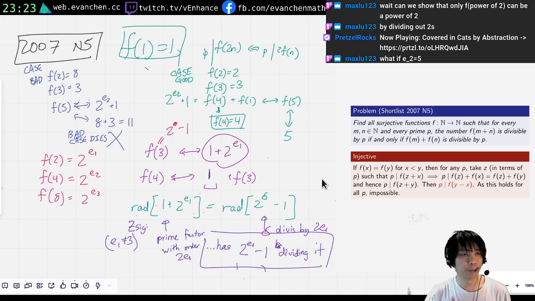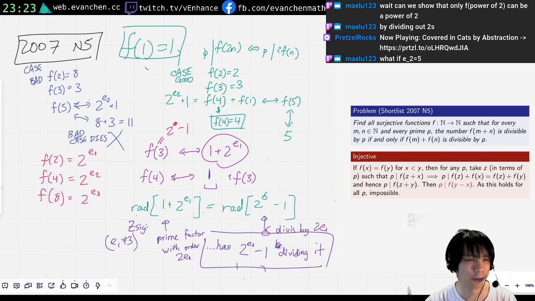So at this point, I've pinned down f of 1, 2, 3, 4. If e2 equals 5, you get 33, and that has a factor of 3, right? It actually needs to be exactly the same prime factors. So this has been very sloppy because we've been jumping all over the place, and we keep running into ourselves. But at this point, I'm going to try to write down this argument formally.